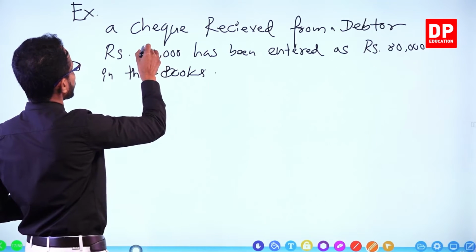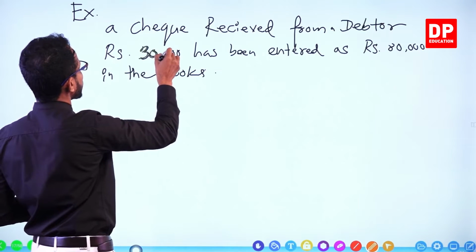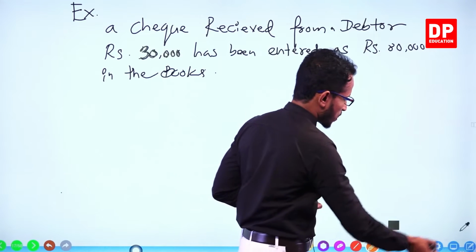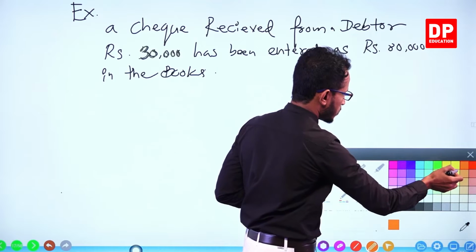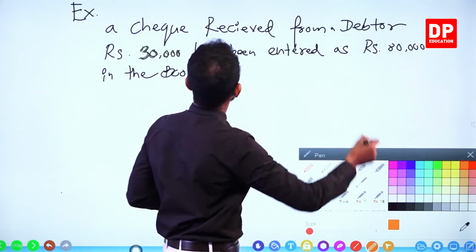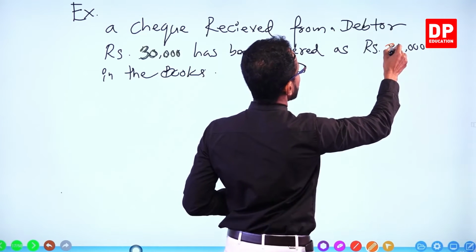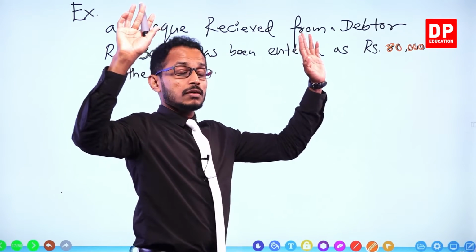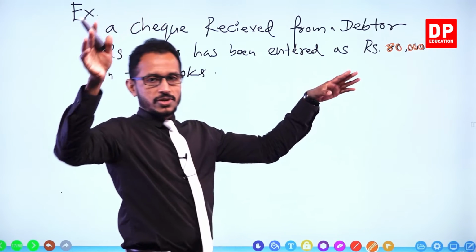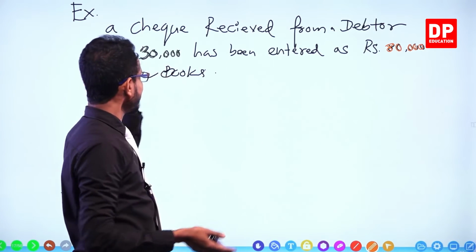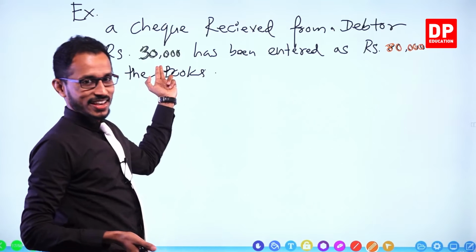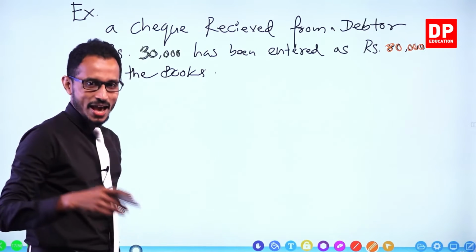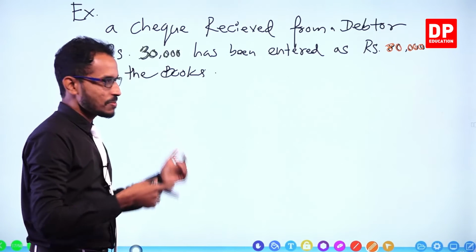The check is for 30,000. Do you get what I'm saying? See how errors occur? The bookkeepers also face the same situation.